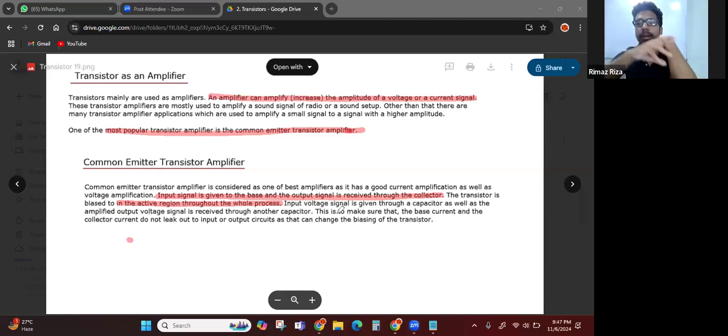We take some input signal and we want to amplify it, right? So we don't want the base current to interfere with the input or the collector current to interfere with the output signal. Therefore here we have to put capacitors.